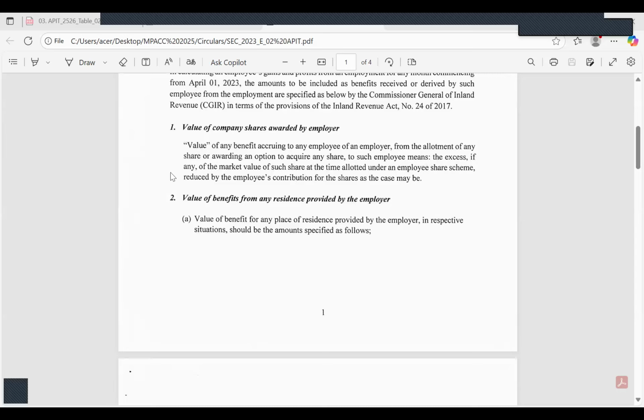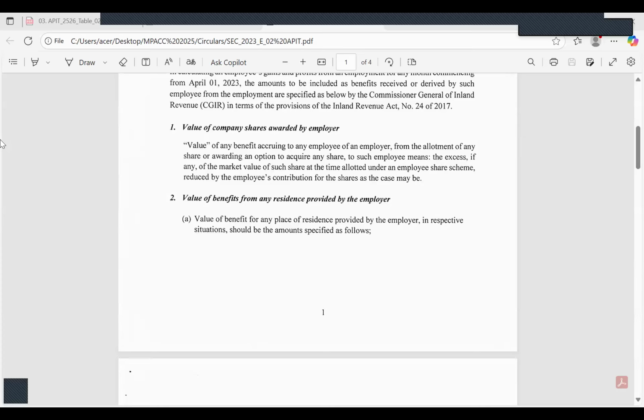The excess, if any, of the market value of such share at the time allotted under an employee share scheme reduced by the employee's contribution for the shares as the case may be. That means market value minus employee's contribution. For example, suppose the market value of that share is 100 rupees. Then the employee's contribution is 75. Then the benefit for that share is the difference between market value and the employee's contribution, that is 100 minus 75.